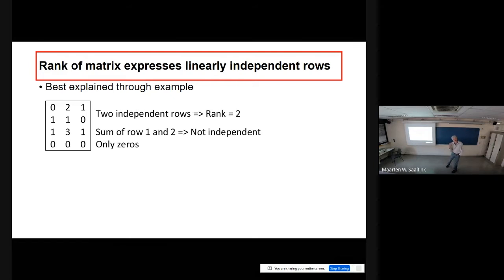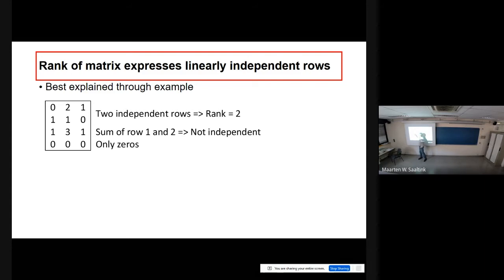One important concept is the rank of the matrix. The rank of the matrix, I think an example is the most illustrative. In this matrix there are actually two independent rows. These two over here are independent. The third one is not, it depends on the other two because I can just sum the first two rows to get the third one.